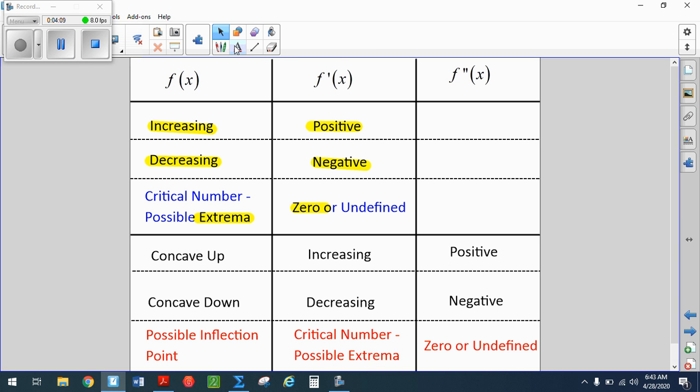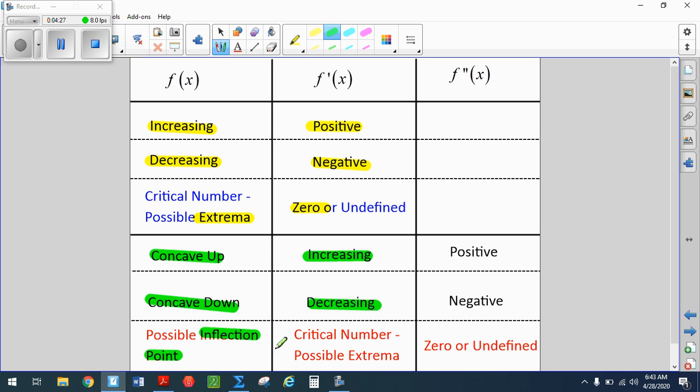And here, okay, my original is concave up on the right-hand side, so my derivative is increasing. My original is concave down on the left, my derivative is decreasing. That inflection point that I see is going to be an extrema on the derivative curve.